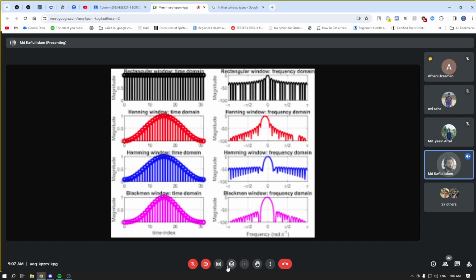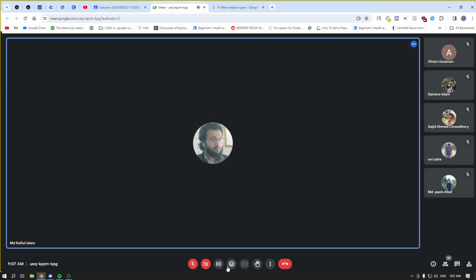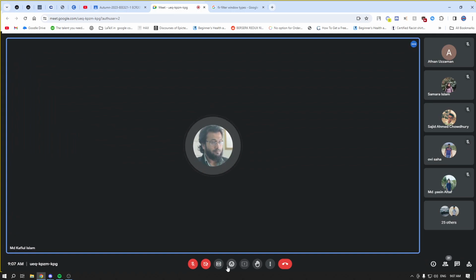So now let us talk about how these different window functions are going to impact the performance of the filter. If you understand that, then our FIR filter design will be complete.